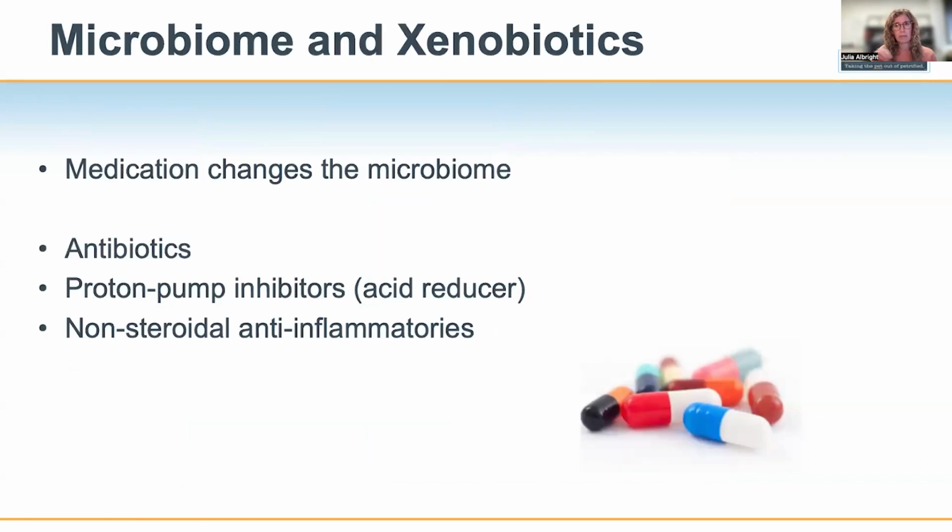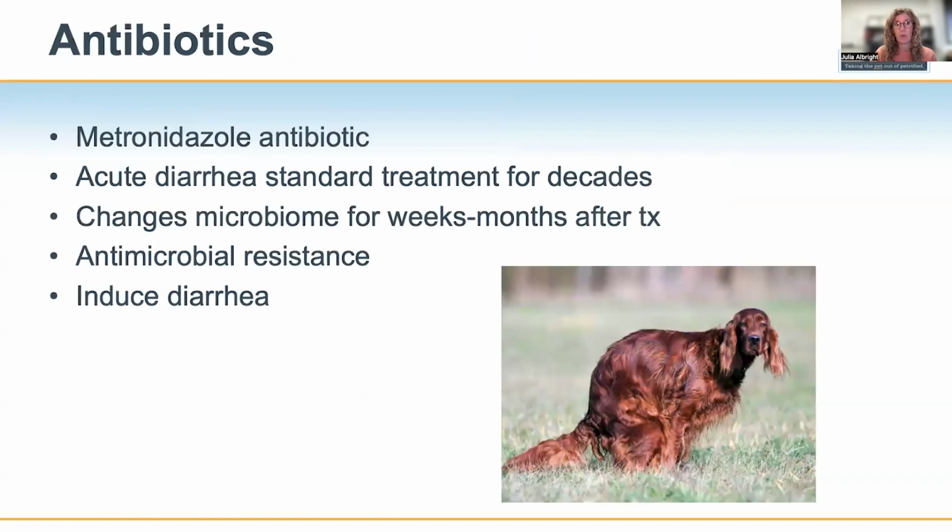But I want to back up for a second and discuss how medications or xenobiotics can affect the microbiome. No surprise that antibiotics, which kill bacteria, can definitely affect the microbiome. But also remember proton pump inhibitors, even NSAIDs, steroids, of course, all of these can affect the microbiome, potentially in a negative way.